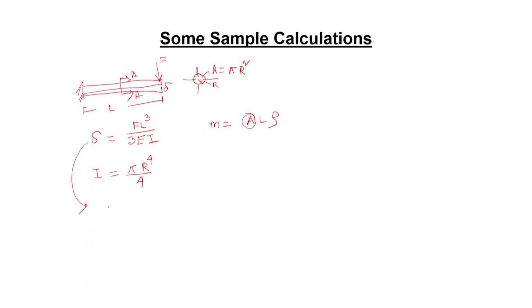We have to first of all write I in terms of all the other specified variables, that is I would become f L cube by 3 E delta.